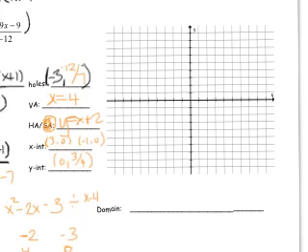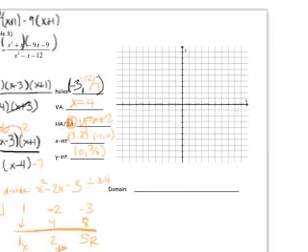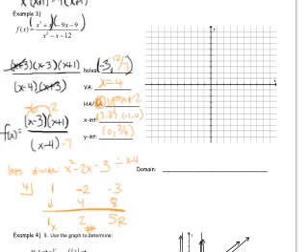All right, let's graph. So I like to start with my asymptotes, so I'm going to graph x equals 4. 1, 2, 3, 4. It's right here. This is another one that's really important that you get a straight line. I'm not doing a very good job. And x plus 2.